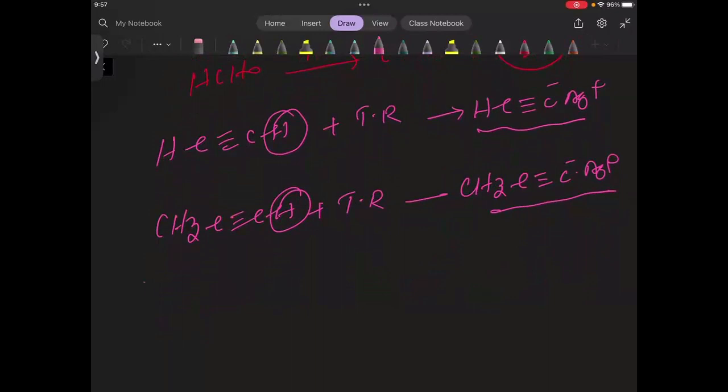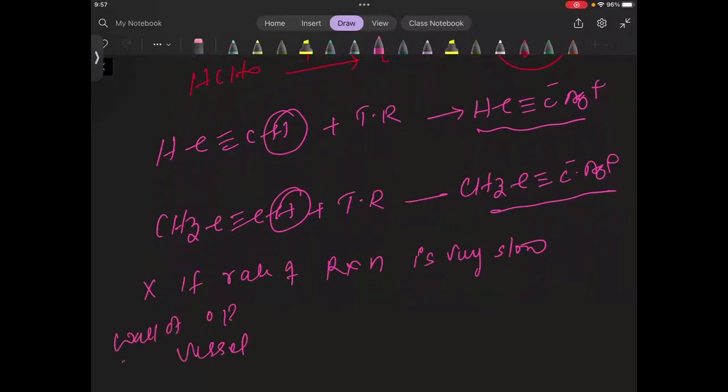Students, if the rate of reaction of the Tollens reagent with the aldehyde is very slow, or the wall of the vessel or test tube is clean, then you will get metallic silver on the wall of the test tube.